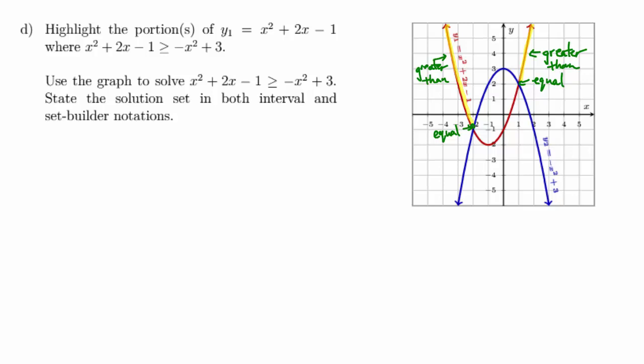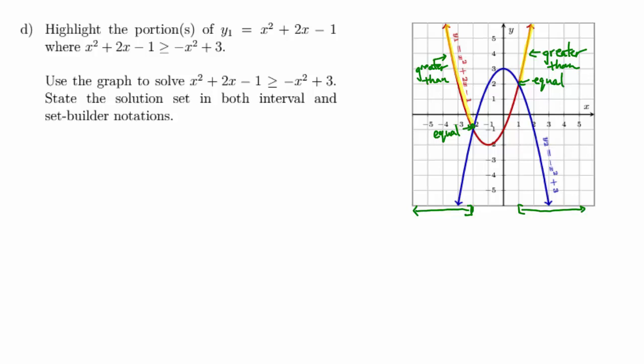So if I again come down below this graph, I can see that from negative 2 going to the left, the red curve is greater than or equal to, and going from 1 to the right, it's greater than or equal to.